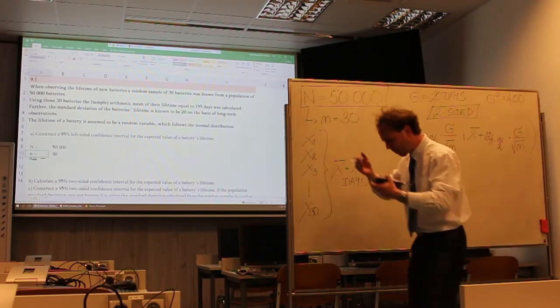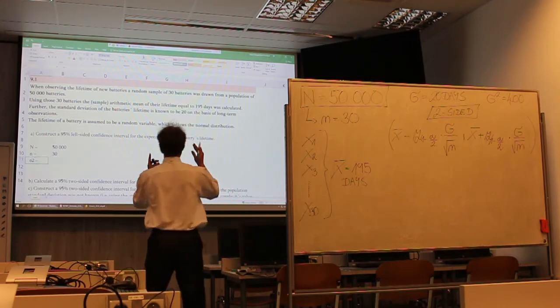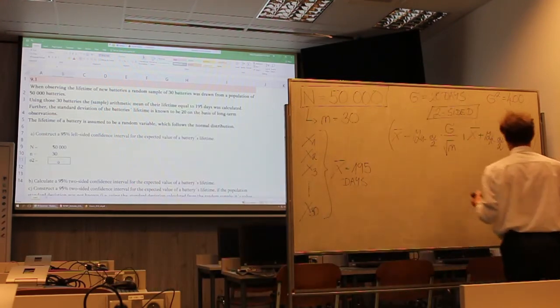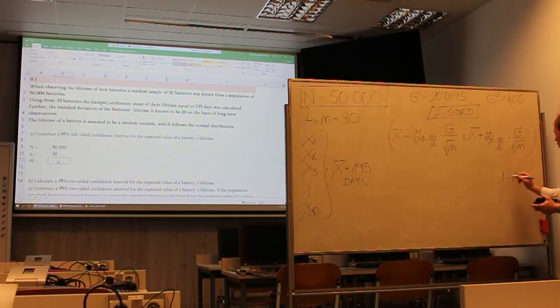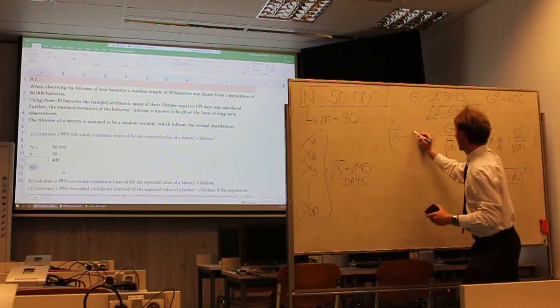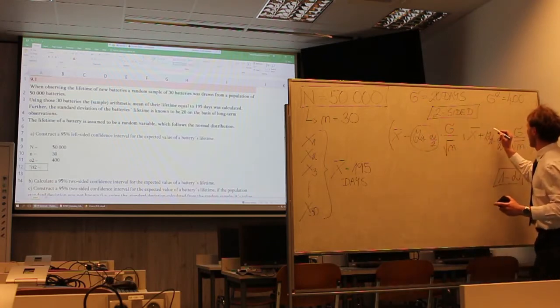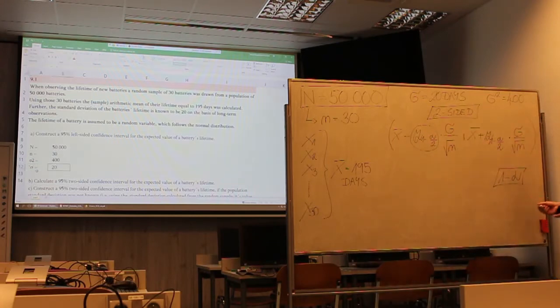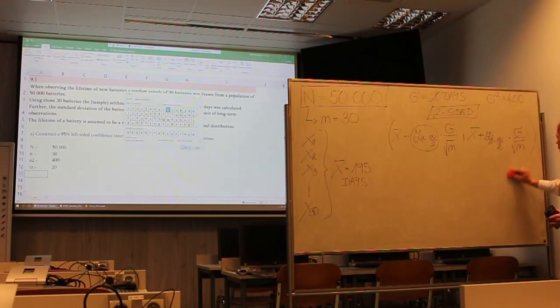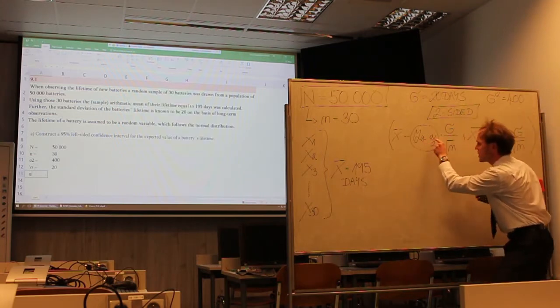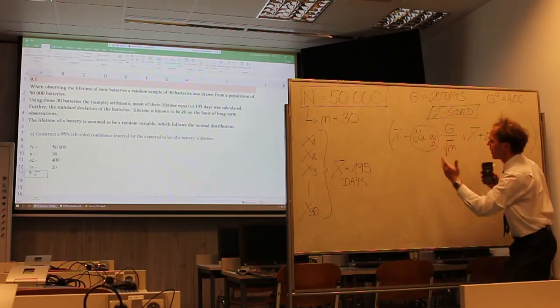The power, the strength of this interval, is 1 minus alpha. Because this is a two-sided interval, you are using the quantile of the standard normal distribution, z 1 minus alpha divided by 2. If I want to construct only a one-sided confidence interval, I will use only one side, but I don't have to divide this alpha by 2.